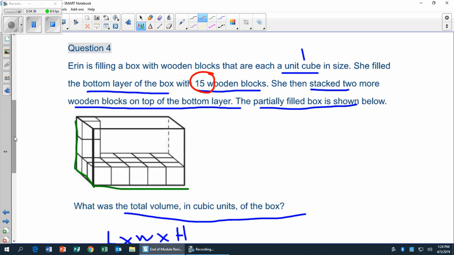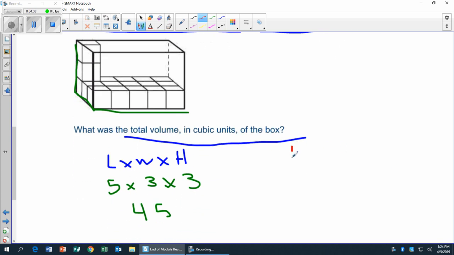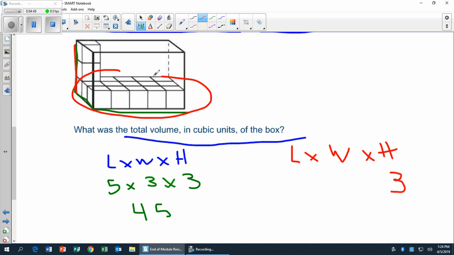So that would be the base area. So if I did length times width times height again, and I just filled in my height was 3. And I know that there were 15 down here. Length times width is 15, and if I do 15 times 3, I also will get 45.